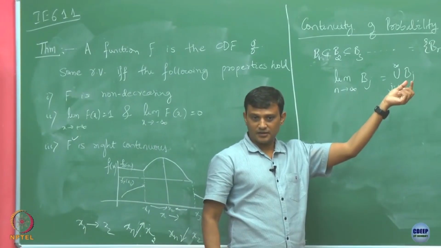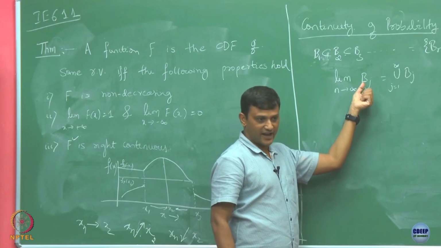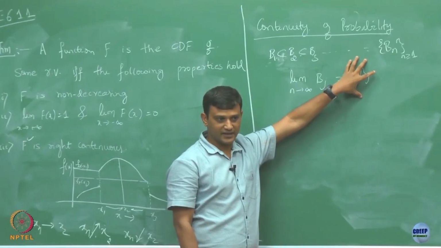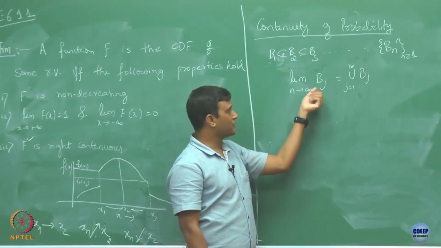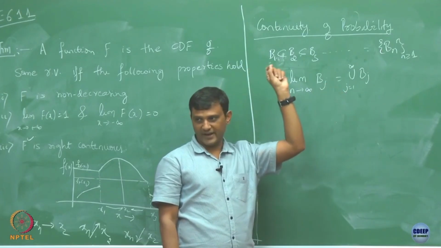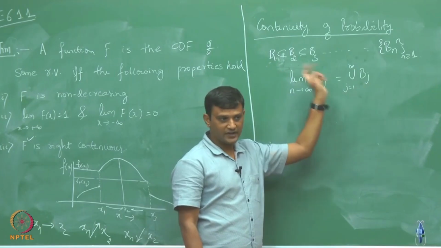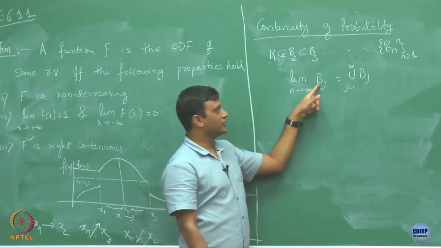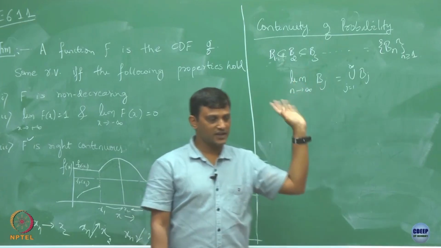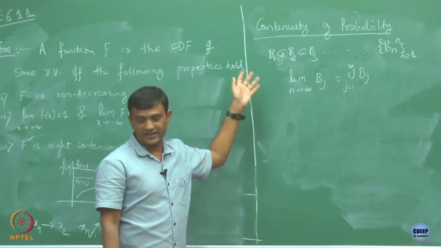Whatever set we have as j tends to infinity, that should be the limit. You can verify this: if you let j go to infinity, and an omega point is in the limit, does that omega point also belong to the union? And if you take an omega point in this set, will it also belong to the sequence as j tends to infinity? Because of that we can verify it. This is just like a definition; we will take it as a definition and it makes sense.